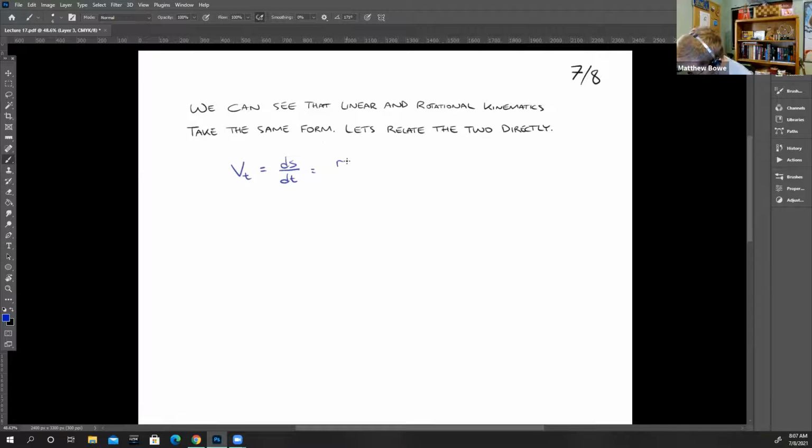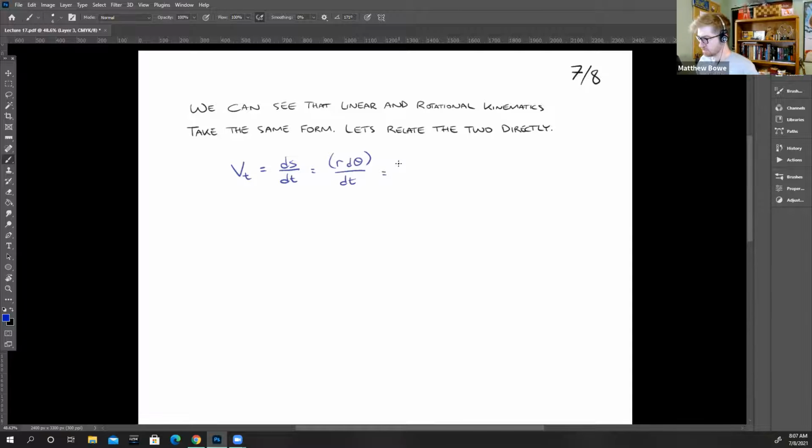So r, the radius of this arc, times d theta, the change in angle. It went from here to here, that's a change of angle, and I use the radius. This is still over time. Those two things, radius times change of angle, were shown a bit more in last class.